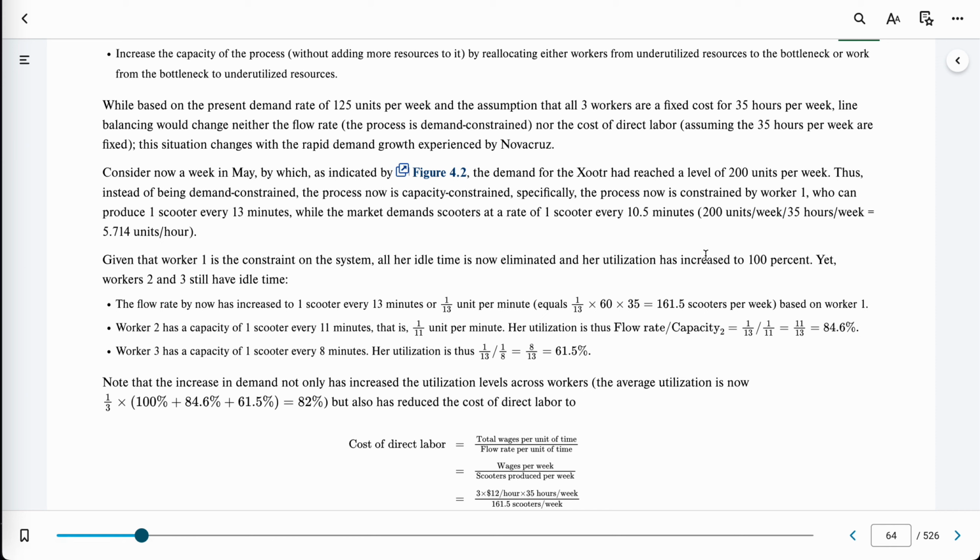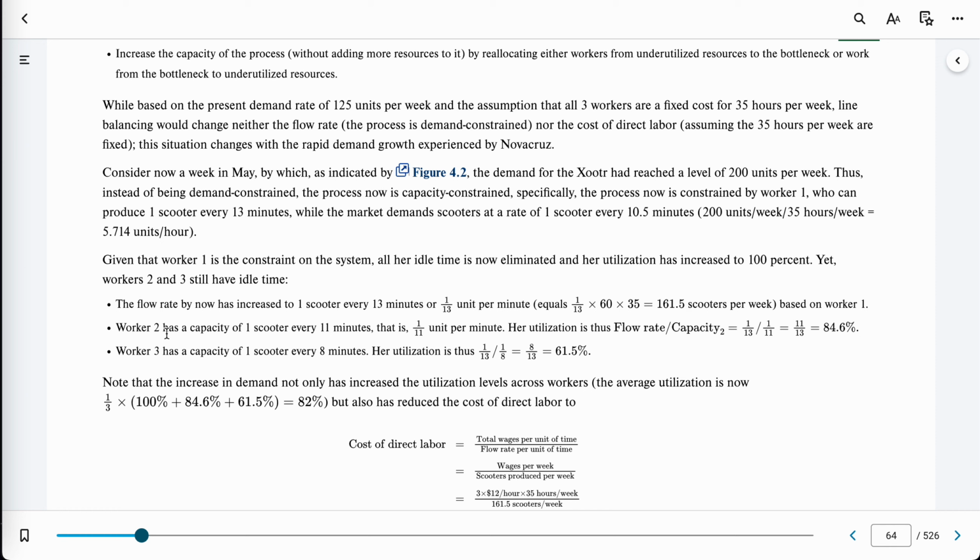Even here, we could not produce 200 units per week, because we are capacity constrained. We can only produce 161 scooters per week. If demand is 200 per week, it comes out to about 5.714 units per hour. We cannot produce that because our capacity is only 161.5 scooters per week.